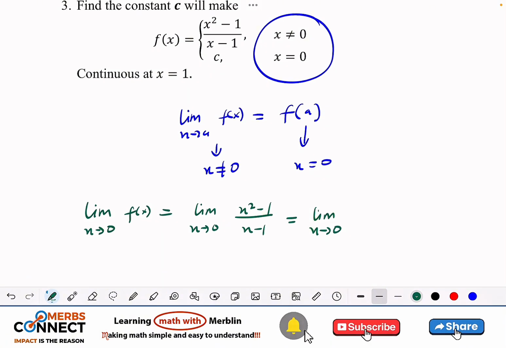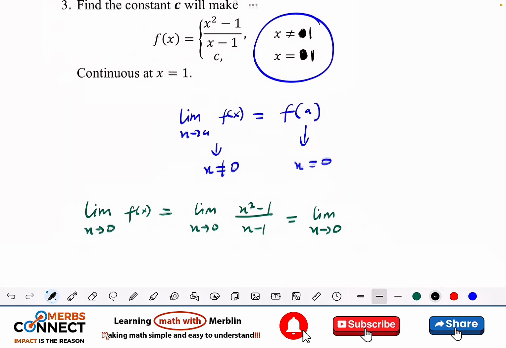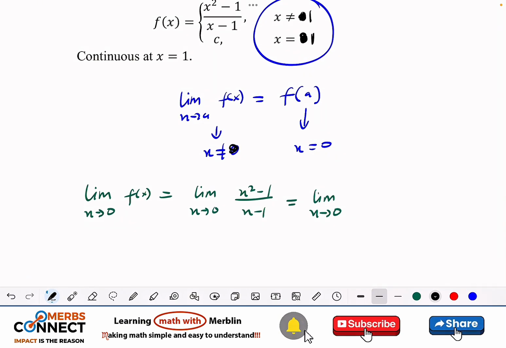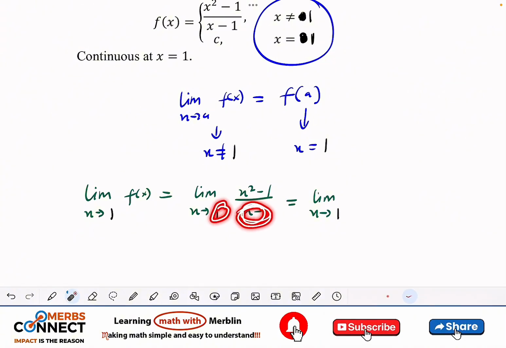Okay, so I think I made a mistake here. This is supposed to be 1 because I'm talking about continuous at 1. So this should be 1. So not continuous at this, and this one should be 1. Sorry. Good. So now plug in 1 here, and this becomes 0.